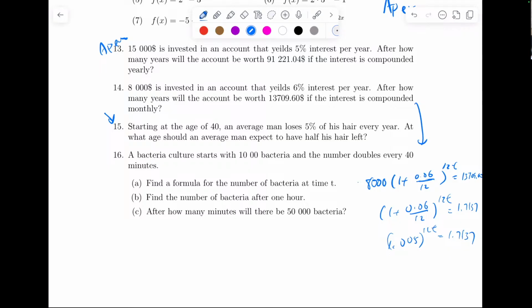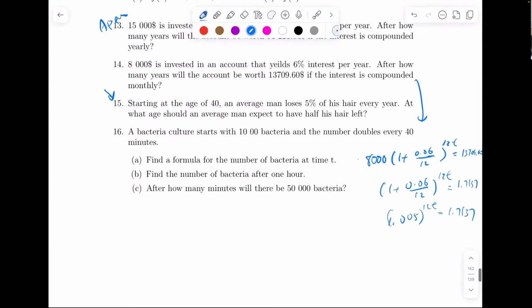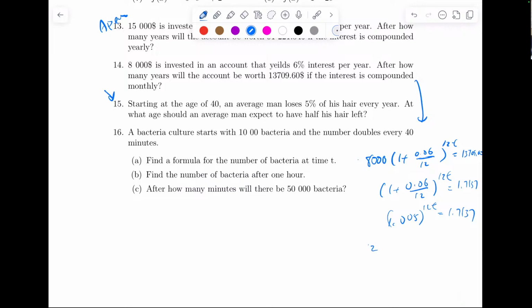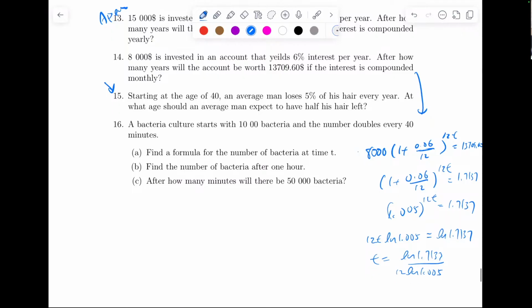Is that okay? Now I will take the natural log of both sides, so it'll be 12t times the natural log of 1.005 equals the natural log of 1.7137. Is that okay? So t equals the natural log of 1.7137 divided by the natural log of 1.005 times 12 on the bottom. I don't know what the answer is.